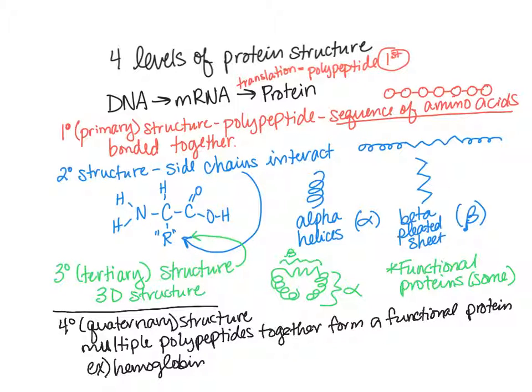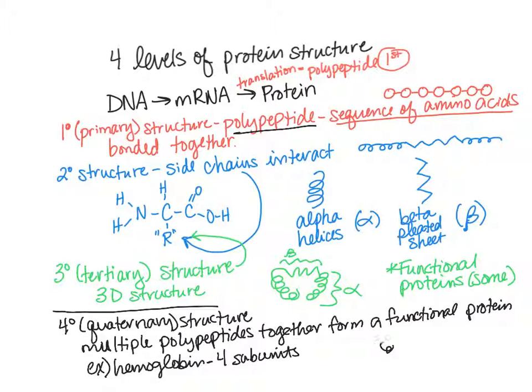And hemoglobin is actually made up of 4 subunits. So it's a pretty big protein because it's actually made up of 4 amino acids, 4 polypeptides, I should say, that have all reached their tertiary structure, and now they're combining together to make an overall big functional protein.